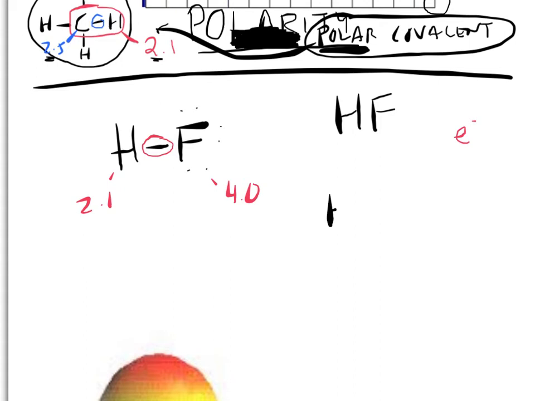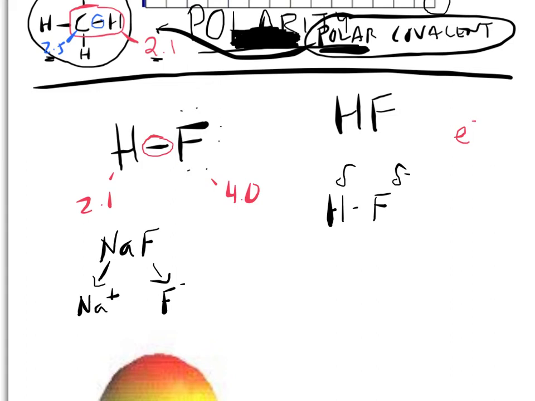So the way we represent that, since it's not a purely ionic bond, like NaF, we know is more ionic, and we represent that by Na+, meaning that sodium lost that electron completely and fluorine gained it completely to make it F negative. When we have a polar covalent bond, we represent the distribution of charge with a little lowercase delta from the Greek alphabet with a symbol to represent the charge.